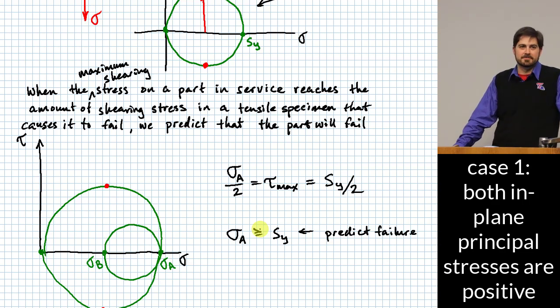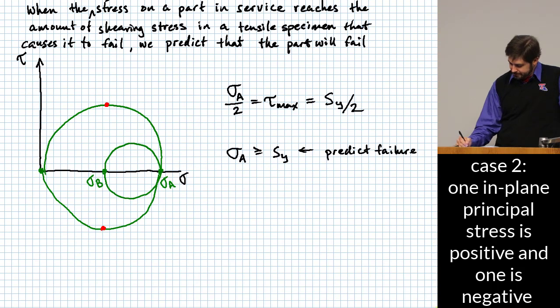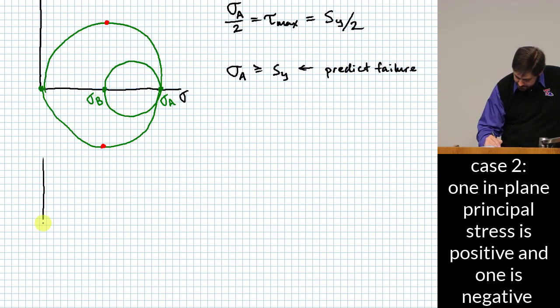That's pretty simple. Okay? Let's do one that's a little bit less simple. What happens if you have a part that's in service? And let me do it this way.